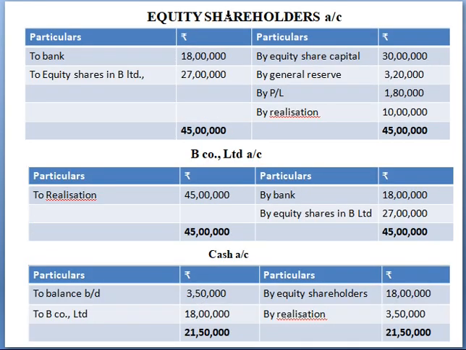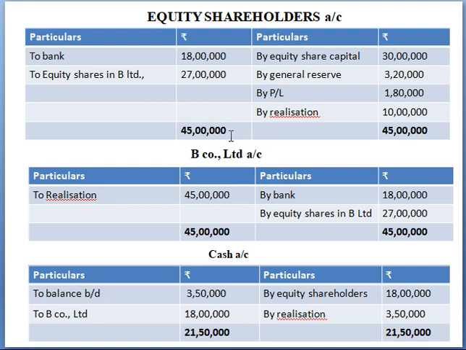Now your second ledger is the equity shareholders account. Check once again whether any bank item is there or not. See here, one bank item is there, right? This is the debit entry. Now you have to give the opposite credit entry. So just give your credit entry in your bank account. From which account are we taking? From the equity shareholders account. So by equity shareholders account 18 lakhs, right?